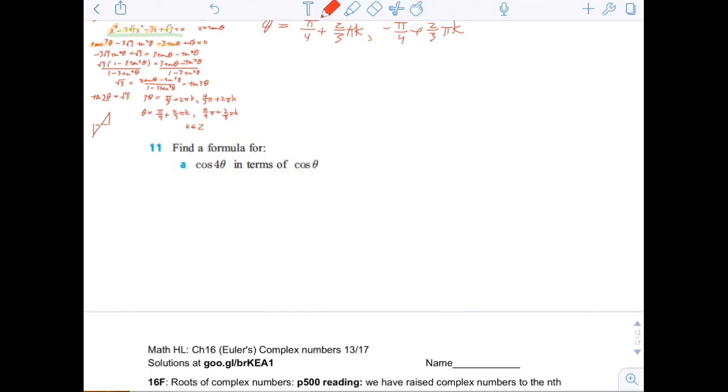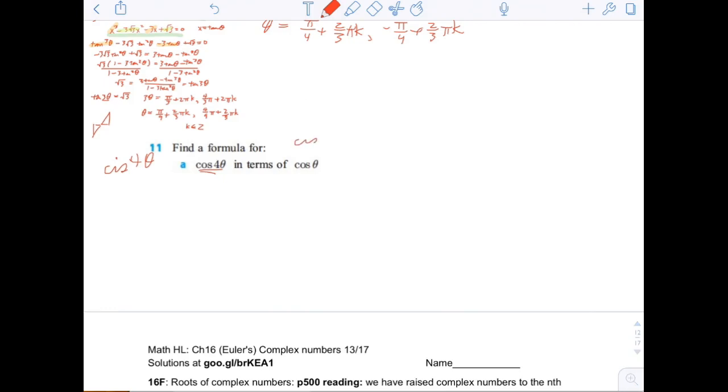Okay, here we're going to do a similar problem for 11, except now it's 4 theta. So we're going to do a similar approach. We're going to take cosine 4 theta, and we are going to find an analog, which would be cis 4 theta. And we'll try to take the real part of that and see if that's equal to this, okay?